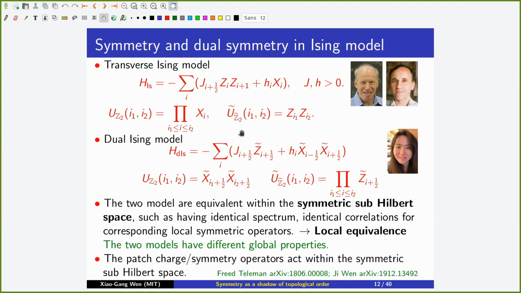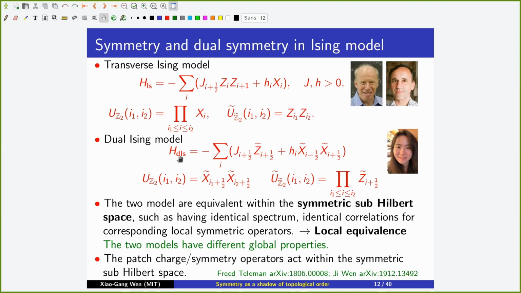And then we said that it's more convenient to use the so-called patch operator to describe the two symmetries. For example, for the Ising model, the symmetry patch transformation is given by the product of X, but for the dual symmetry, just two Z operators at the string end.